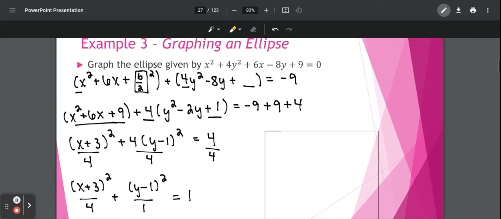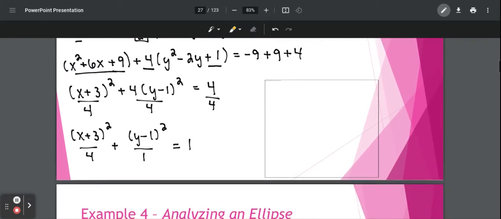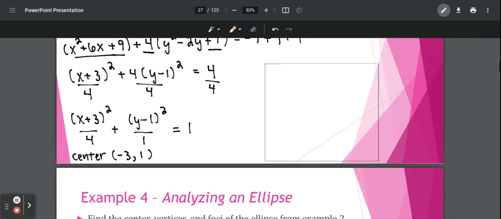And so in this one, we have to graph it. So we'll use this box over here to graph it. So if we pull some stuff out here, we know that the center is at negative 3, 1. The bigger number is under the x, so we know that the vertices are on the x-axis.